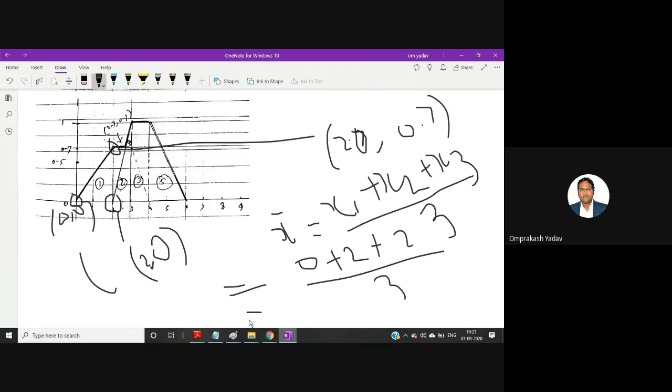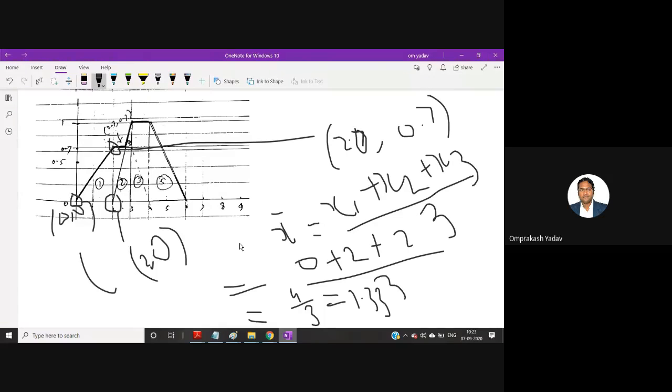So it's 4 divided by 3, which is 1.33. Right? All of you got this? How to determine the x bar? If you have any doubt, please ask me. So I now got x bar for this particular triangle.